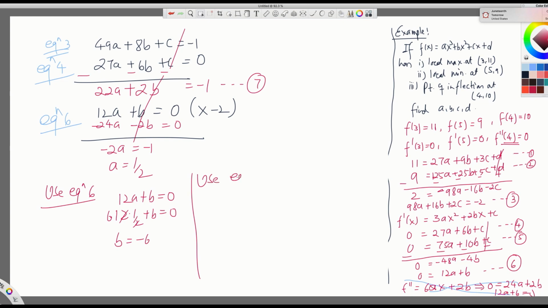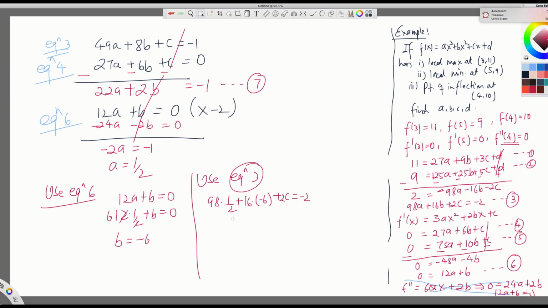Use equation 3. What do you get? So in equation 3 you got 98 times a is 1/2, right? Plus 16 times b is negative 6, and then plus twice c, right, equals to negative 2.